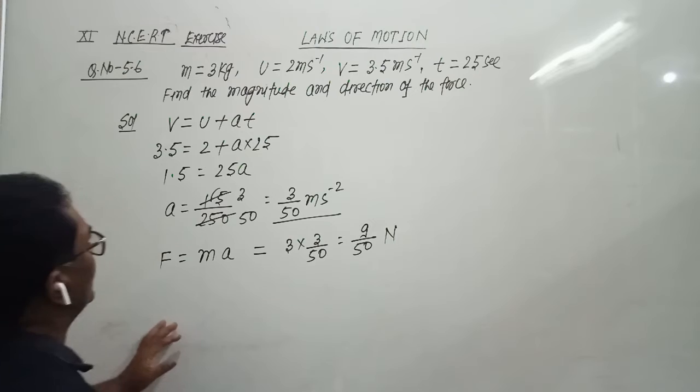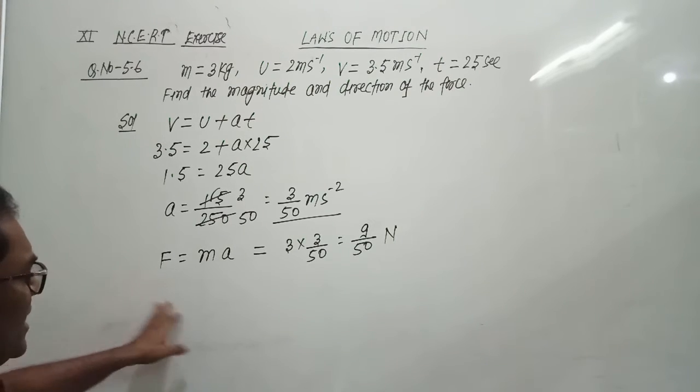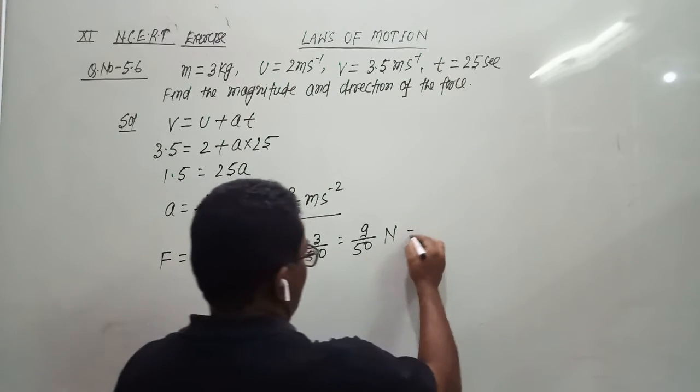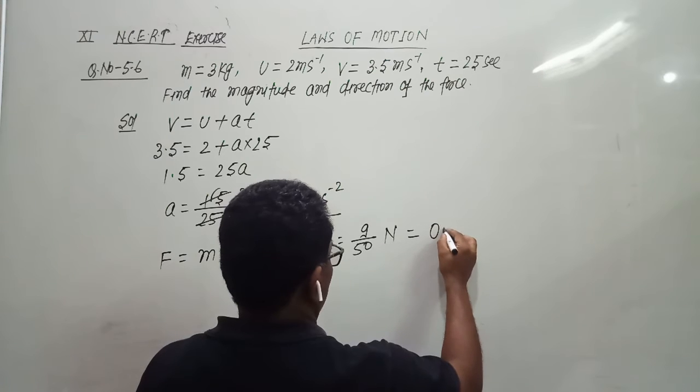Now we have to calculate. Already we have calculated the force. 9 by 50 is also written as 0.06.